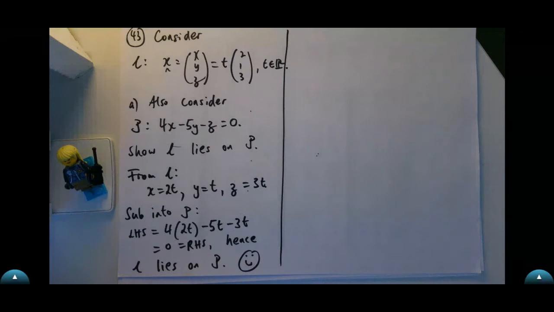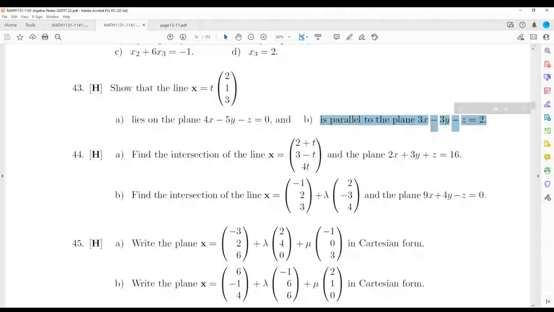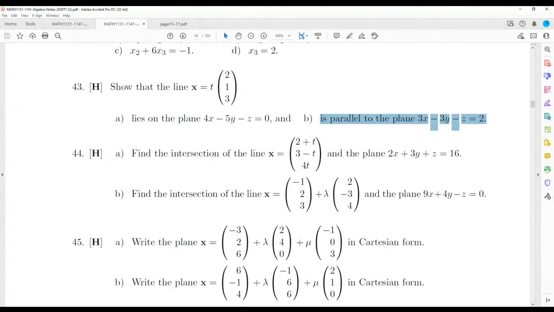All right, what about part B? Let me show you again. So we know that from our picture before, show that this is parallel to this, okay? All right, well, again, there's a few ways you can do it.